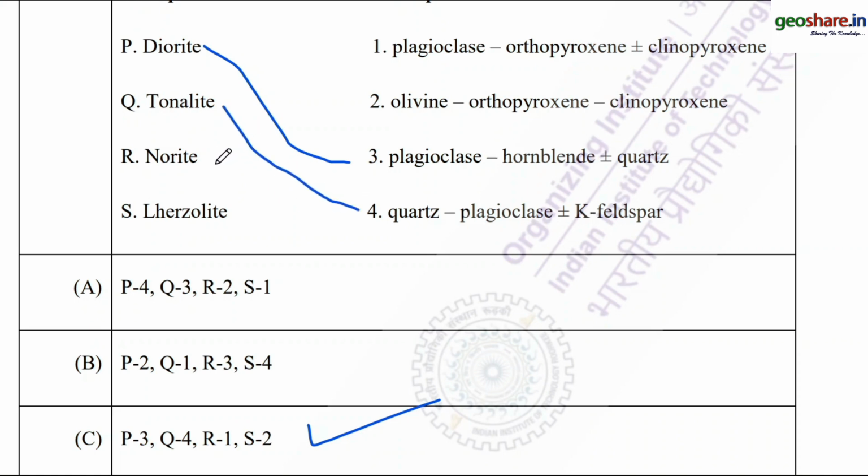R1, norite, plagioclase plus orthopyroxene plus or minus clinopyroxene. Lazurite.